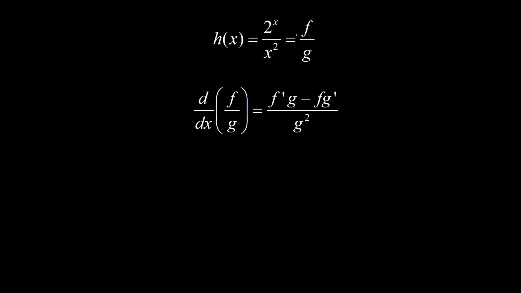And for the quotient rule, we define f as being the entire numerator and g being the entire denominator. And once we've made that identification, we will take the derivatives.